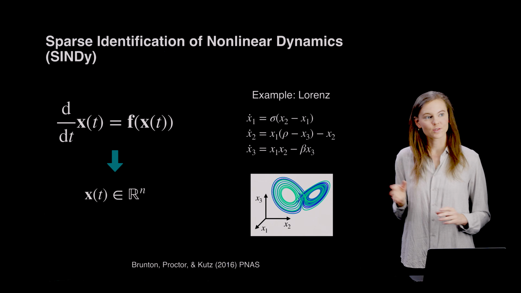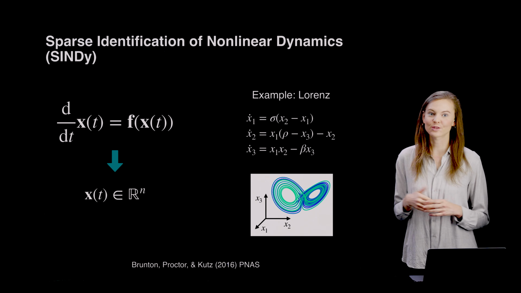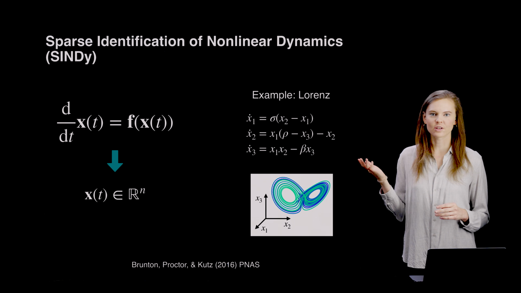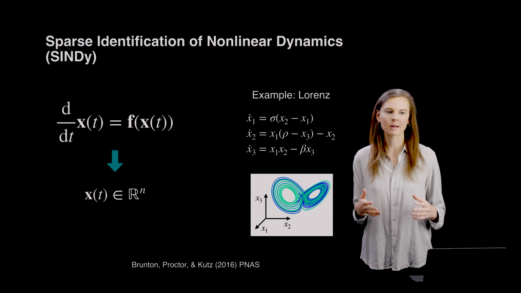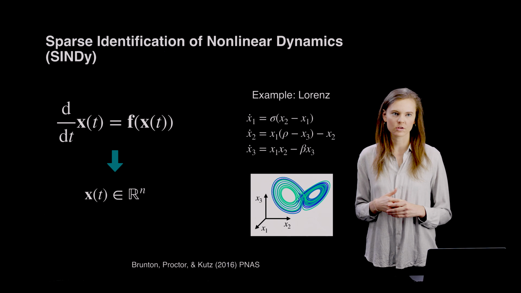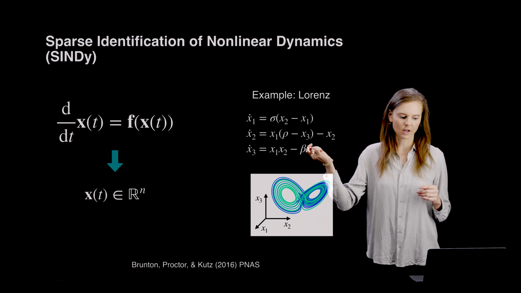So the goal here would be to take measurements on this attractor and discover the form of f that generated this data. So SINDy is based on the observation that for many physical systems of interest, this function f is actually sparse in the basis of possible functions. So for many physical equations that we're interested in, we only have relatively few terms in this function f.